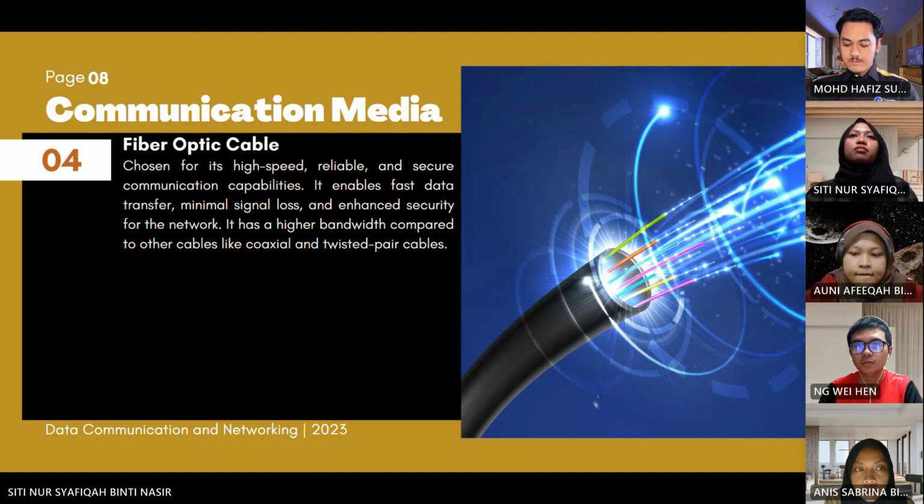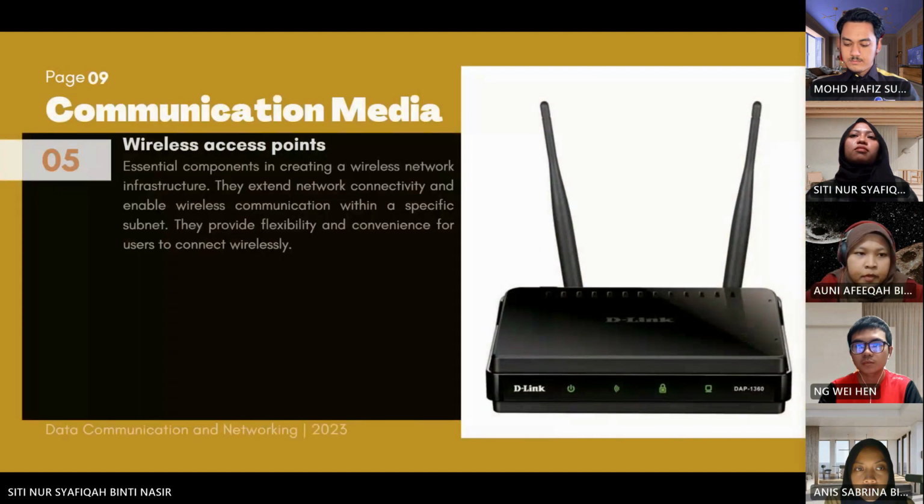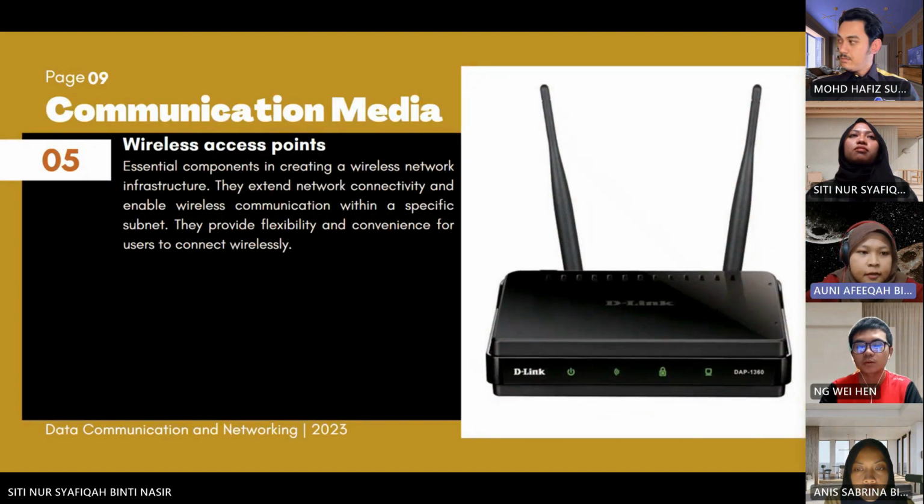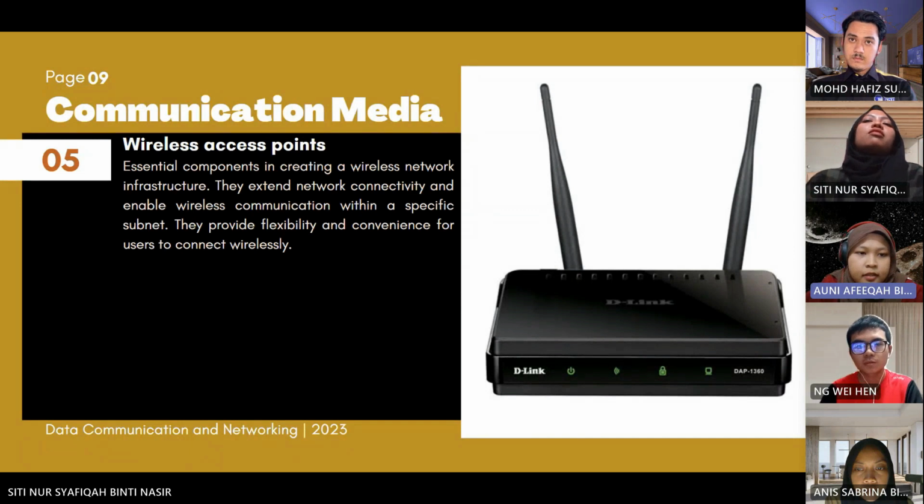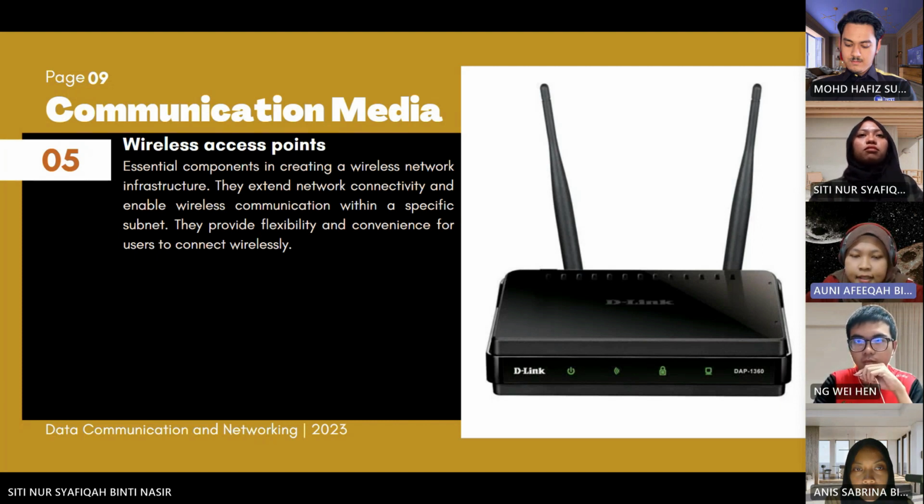So the next one is the wireless access point. It is an essential component in creating a wireless network infrastructure. They extend network connectivity and enable wireless communication within a specific subnet. They also provide flexibility and convenience for users to connect wirelessly.